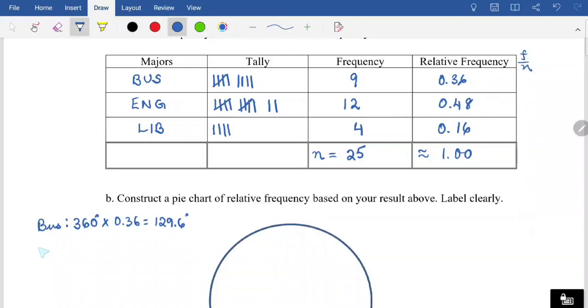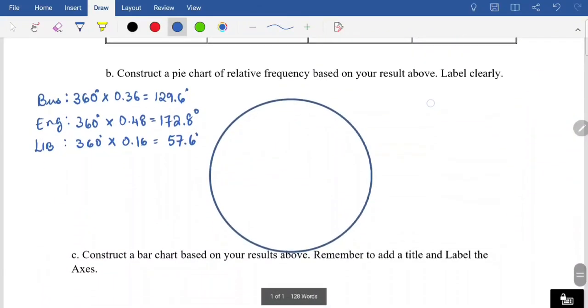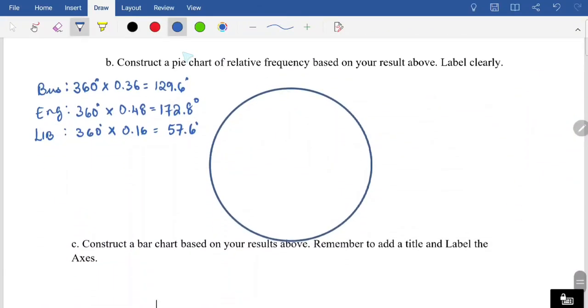Then we have engineering, again 360 degrees times the relative frequency 0.48, for a value of 172.8 degrees. And finally we have liberal arts, which is 360 degrees times 0.16 equals 57.6 degrees.